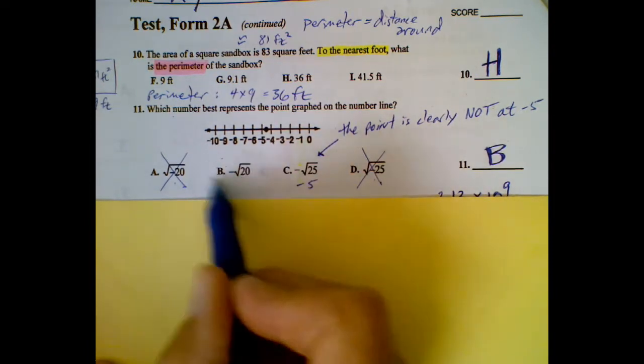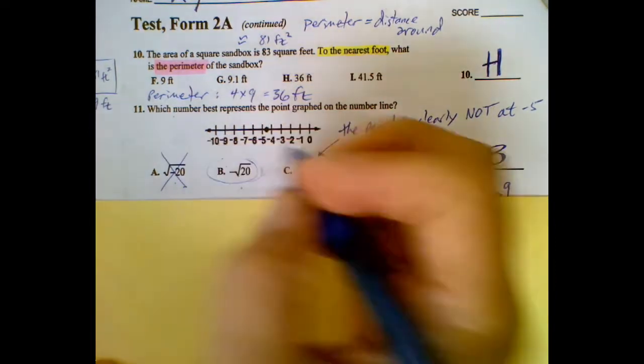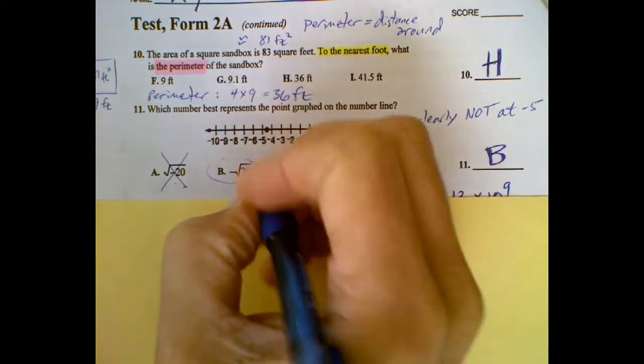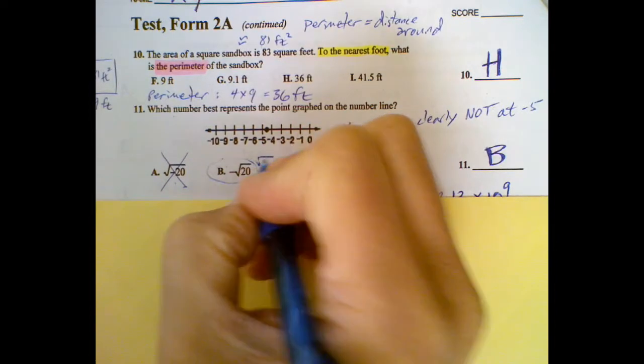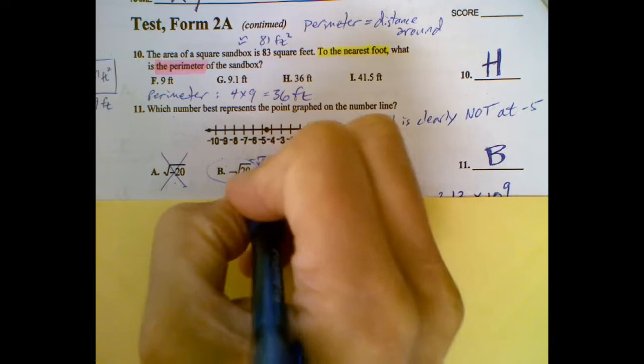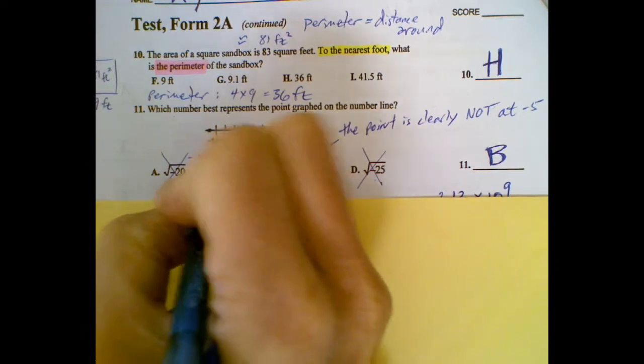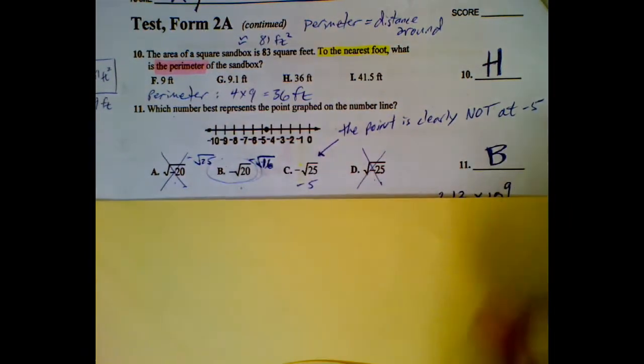So the square root of 20 would be between the square root of 16 and the square root of 25, and the opposite would be between the opposite of 16 and the opposite of 25. So the correct answer is going to be B.